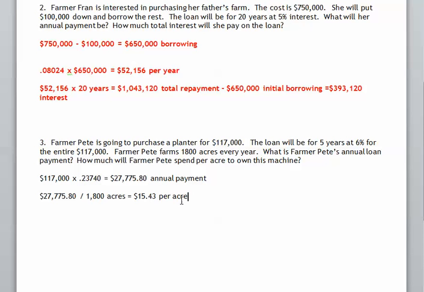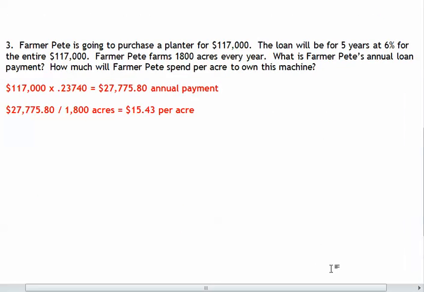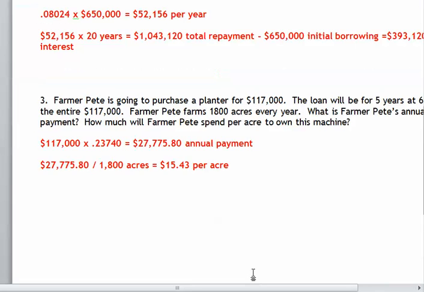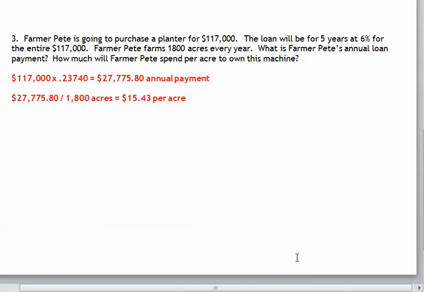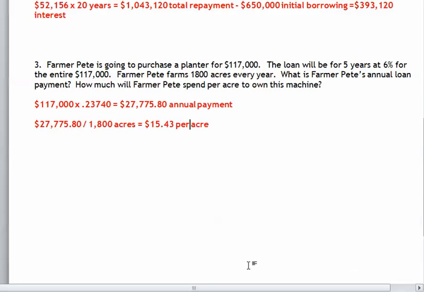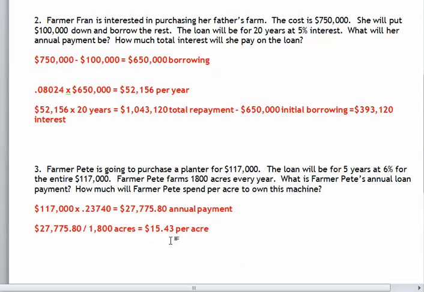That's important for budgeting purposes, like I just said in problem 2, and it ends up being a cost of $15.43 per acre. Not too bad. Custom rate would be similar to that, a little higher, but obviously we have to add fuel, time, repairs, etc. But we might be able to pay for this planter.